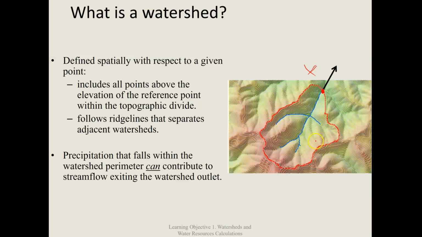So within this area, if you have rain or snow, and that rain or snow flows downhill to the stream network and contributes to that particular point, that outlet that you've defined, then that's within the watershed area for that point.